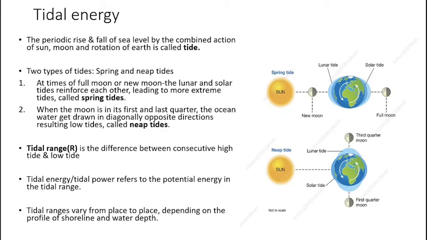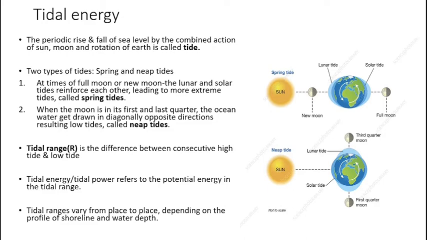That is, when moon and sun come at right angles, due to their action water gets drawn in diagonally opposite directions. So a low tide results there. Such a low tide is what we call a neap tide. So spring tide and neap tide, these are the two types of tides.